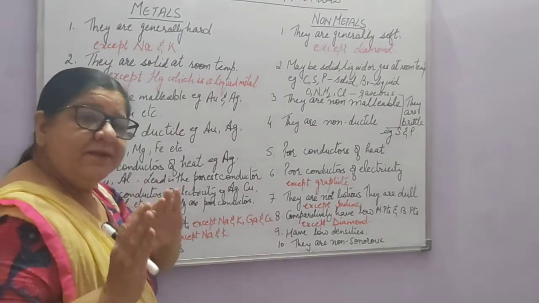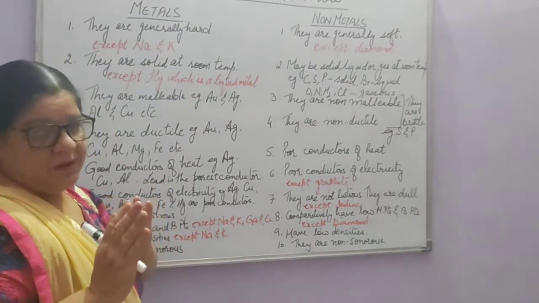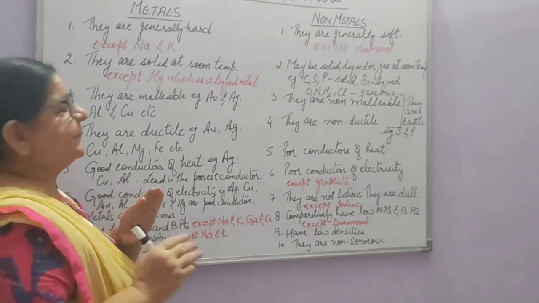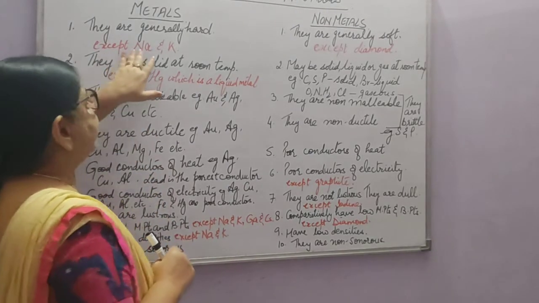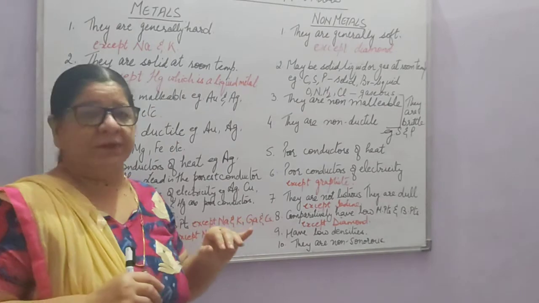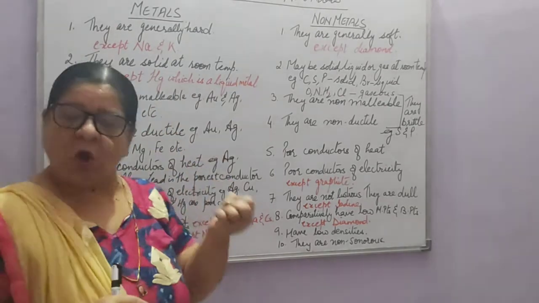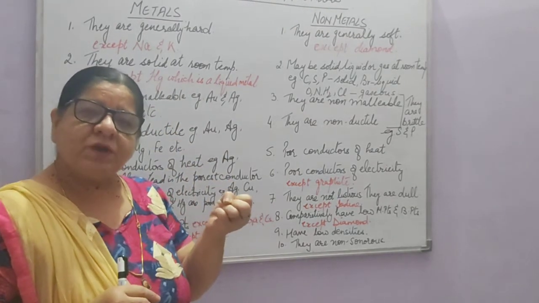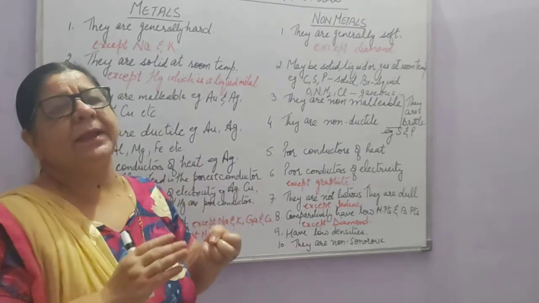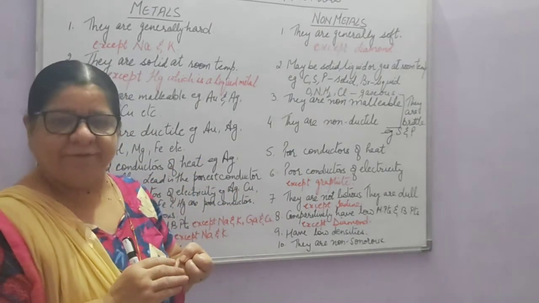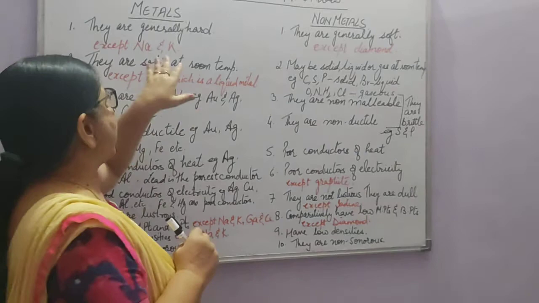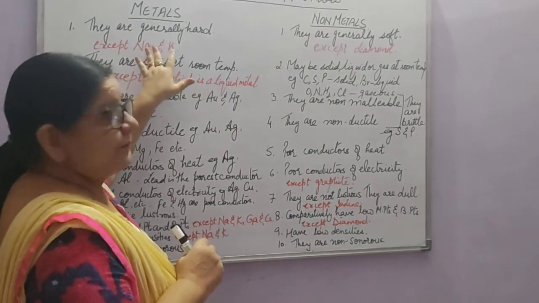You have to learn these exceptions very nicely. You should know the exceptional cases. So except sodium and potassium, which are soft. They are so soft that you can easily cut them with a knife. Right? So these two are the exceptional cases.